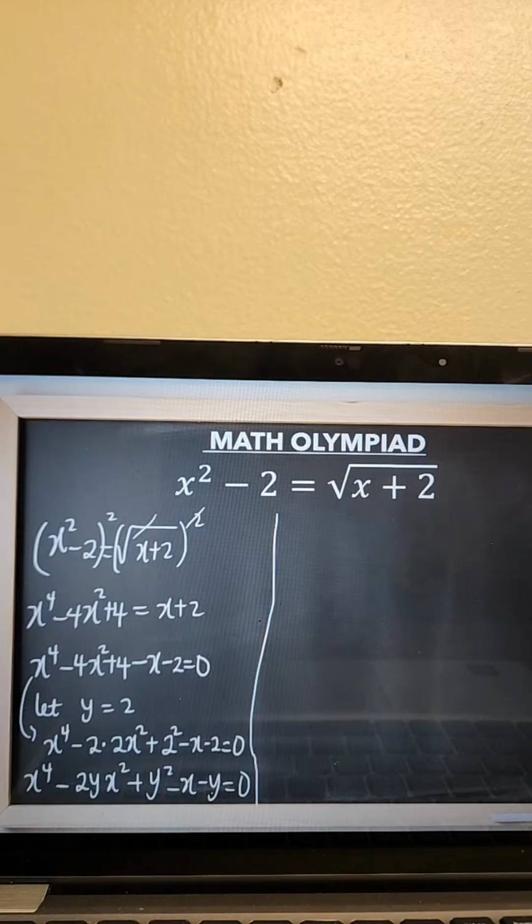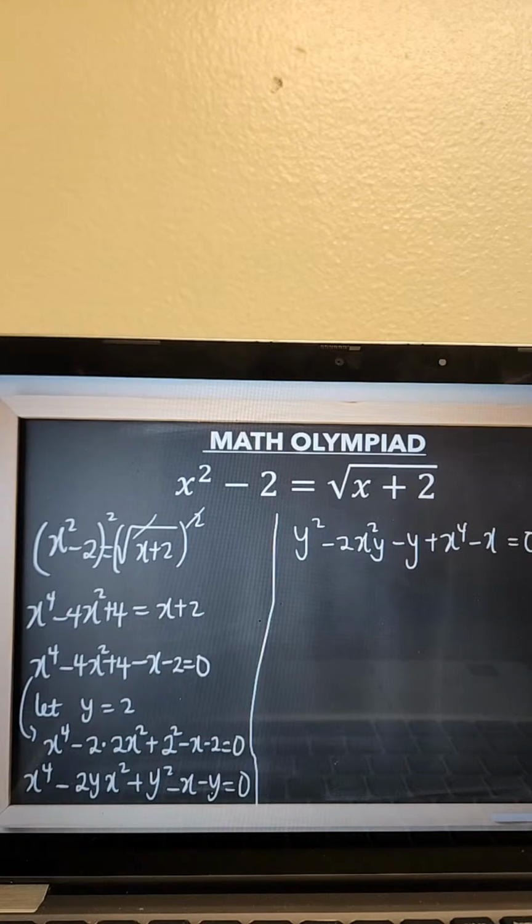Now writing this given equation here, we can have y squared minus 2x squared y minus y plus x to the power of 4 minus x equals to 0.